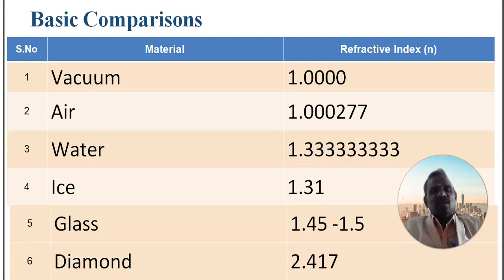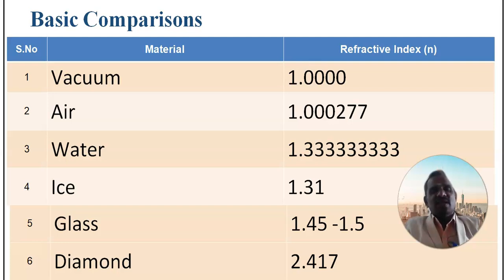For vacuum, we assume that the refractive index is 1, that is, the numerator and denominator are the same. Whereas for air, the light finds it a little bit difficult to travel inside the air; it is in the order of 1.000277. In water, the refractive index is 1.3333.